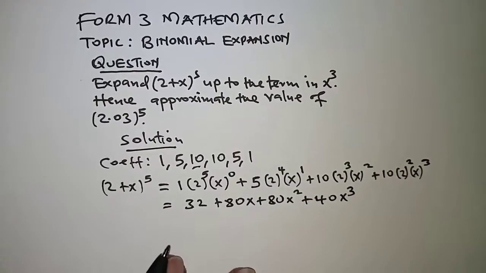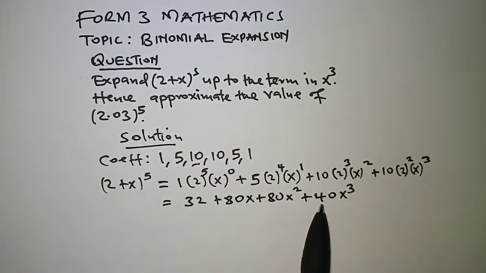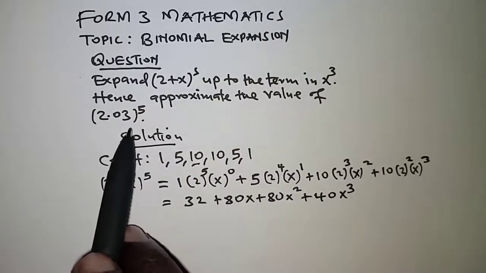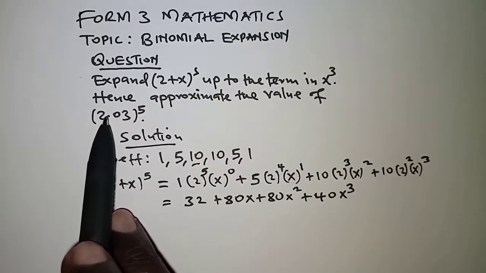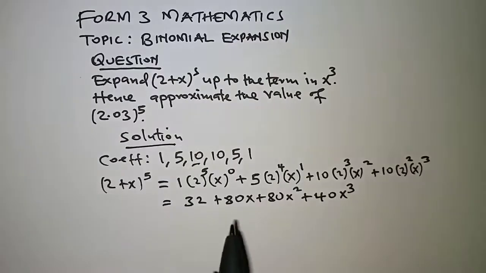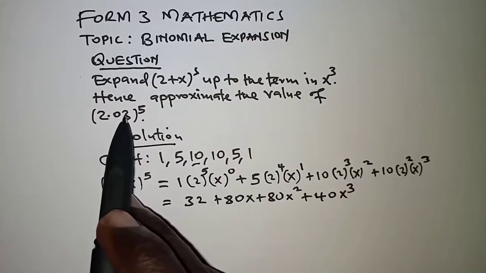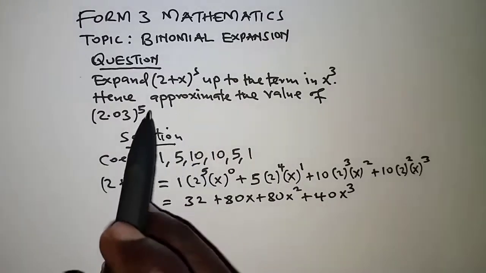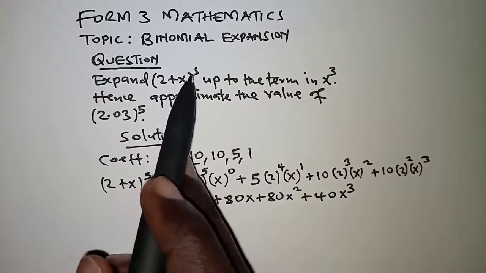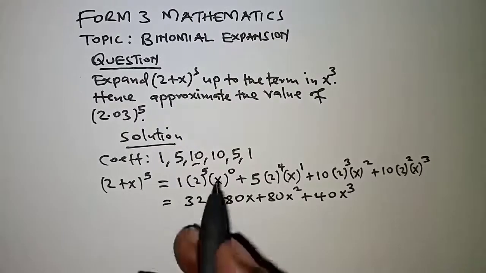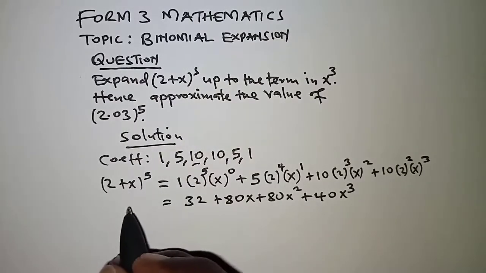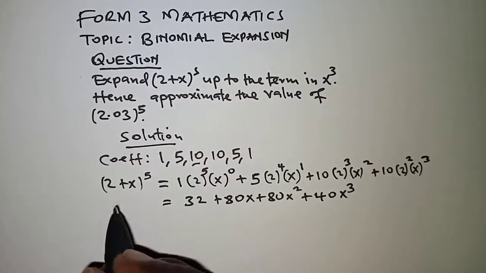From there we want to use our expansion to approximate the value 2.03 raised to power 5. So if you look at 2.03 and 2 plus x, both are raised to power 5, so we'll use that to get the value of x first.